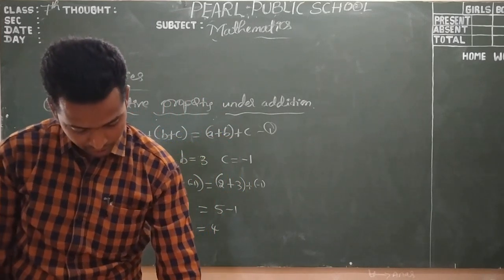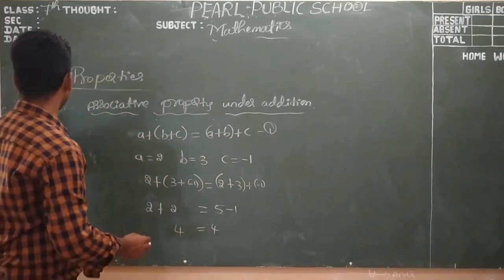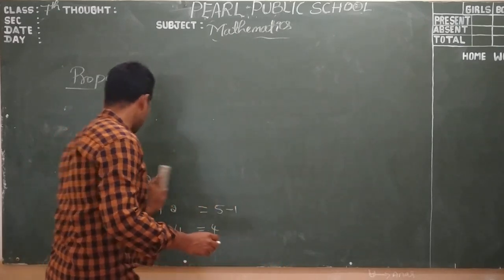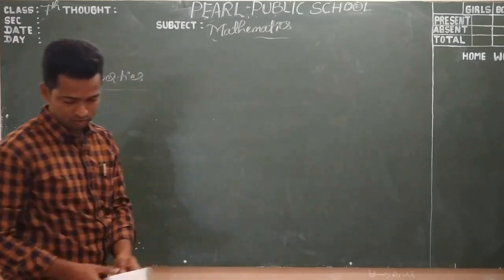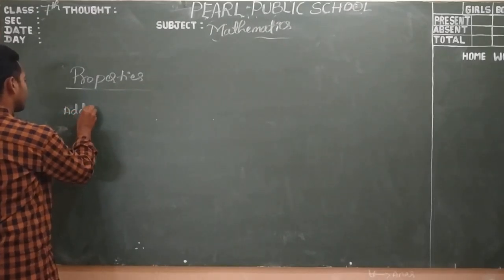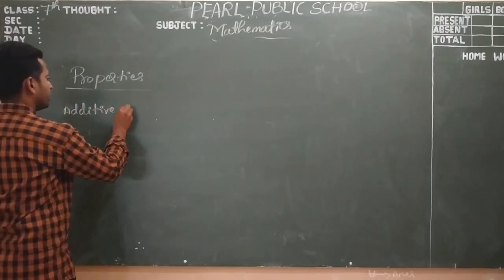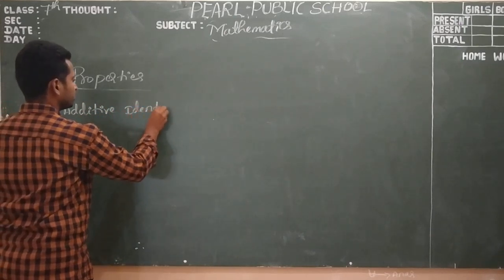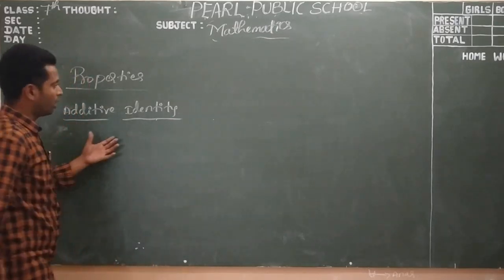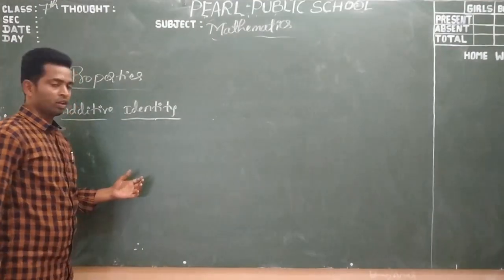Next is the additive identity. The fourth property is the additive identity. What does additive identity mean?